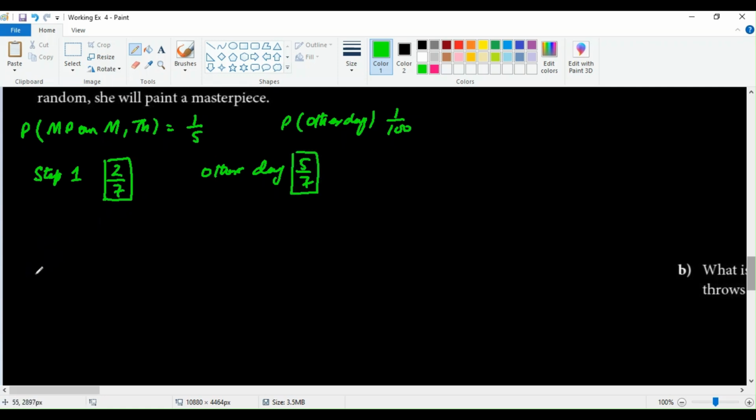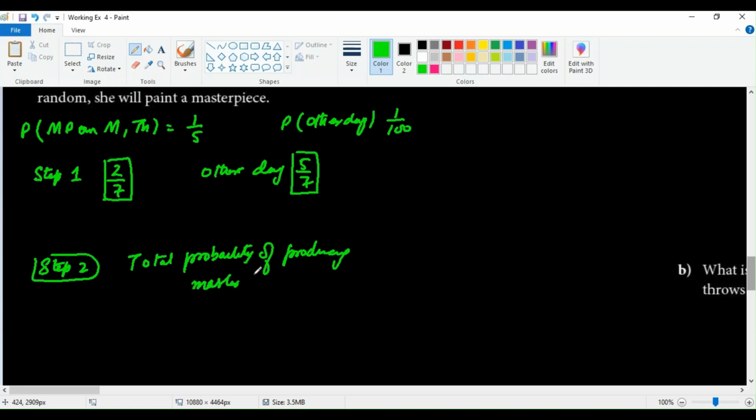Now comes step 2. In step 2, what we are going to do is total probability of producing a masterpiece, which is 2 over 7 multiplied by 1 over 5 plus 5 over 7 multiplied by 1 over 100. Altogether these are going to be simplified.